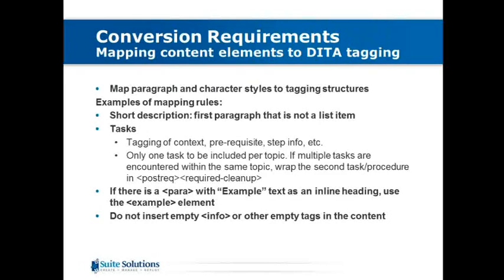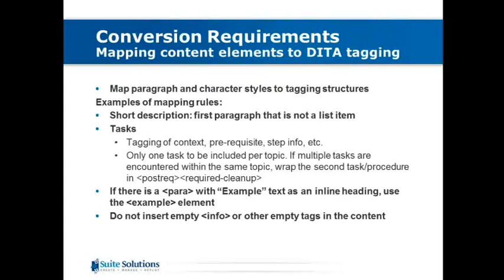Some people are going to say, hey, we only want one task included per topic. And if you come across content that has multiple tasks, then wrap the second task in a separate kind of tag, and you can mark the tag as required cleanup. We can set that up to flag it in a certain way so that when you're going through post-conversion, it makes it very easy for you to see what needs to be cleaned up.